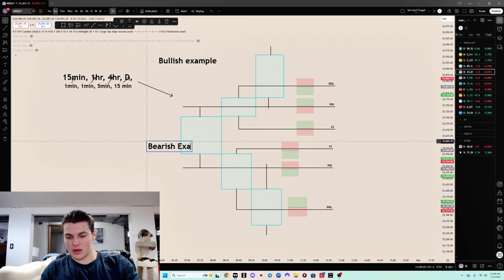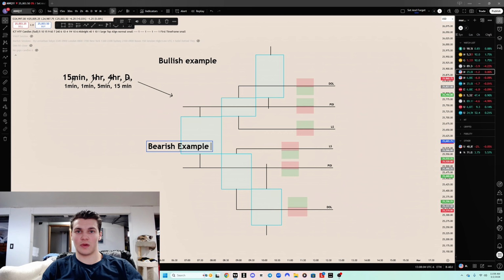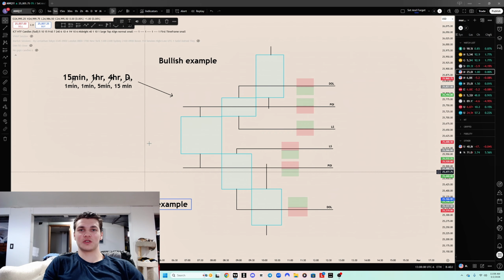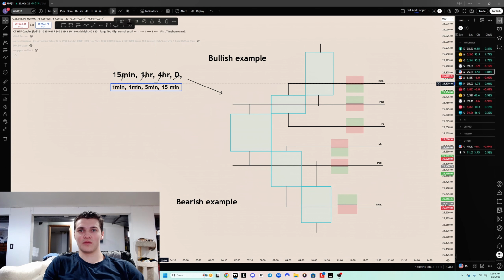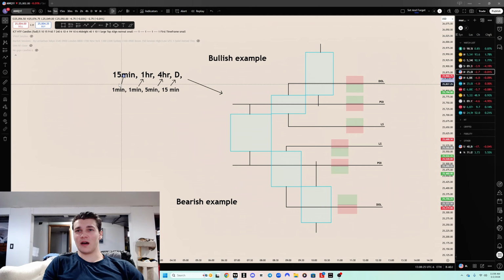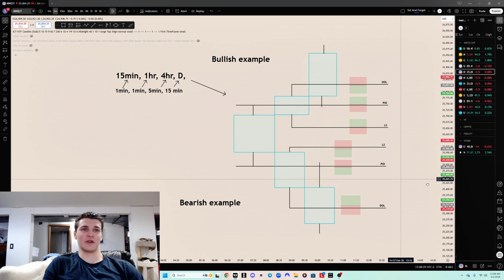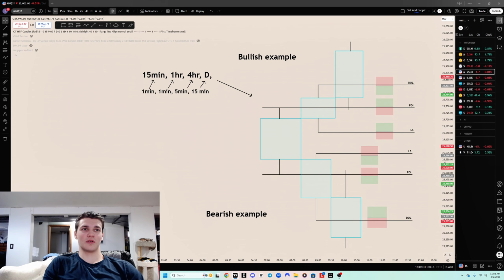Bearish example, bullish example. Sorry, you can skip over this part. I'm just trying to get a few thumbnail examples for YouTube.